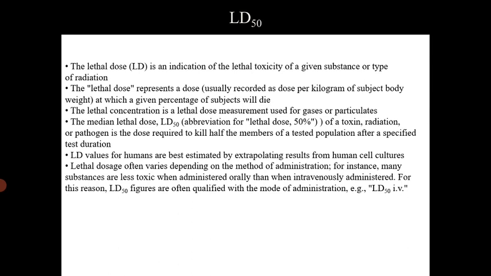Now stating it this way allows the relative toxicity of different substances to be compared and normalized for the variation in the size of animals exposed. Although toxicity does not always scale simply with body mass. Clear?